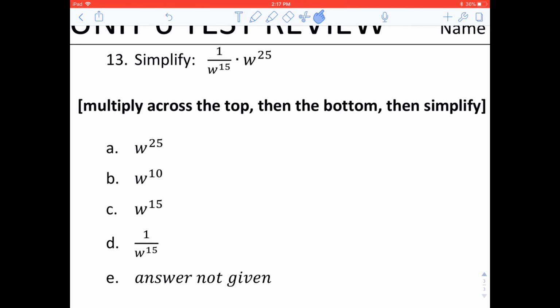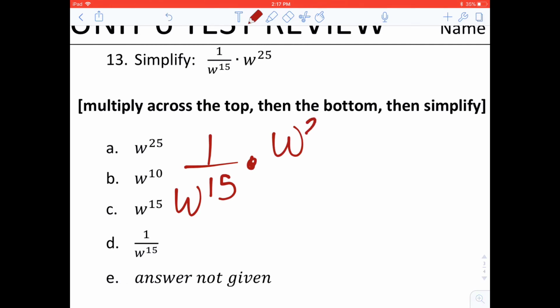13, simplify. So I'm going to rewrite this as 1 over w to the 15th power times w to the 25th power. I can make that a fraction by just putting an invisible 1 there. Let's multiply straight across. 1 times anything is what you're multiplying it by.